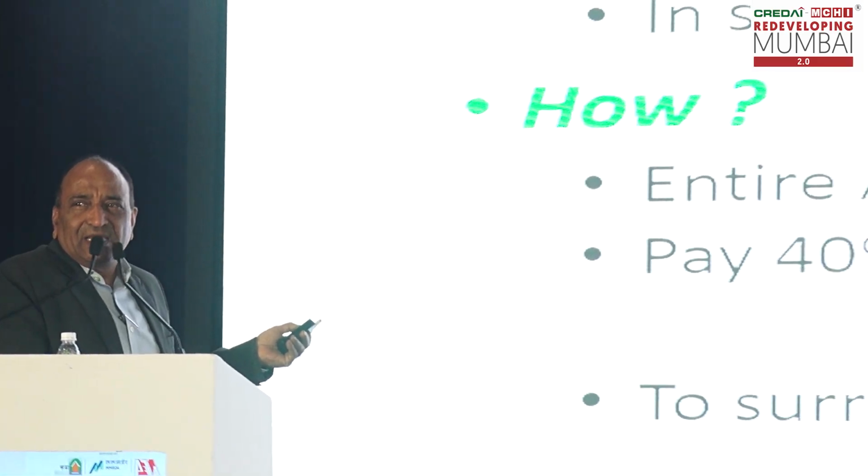So that option is also available. By these two options, the developer can choose to give the PAP tenements not in the building for which the redevelopment is taking place, but at a different location. Now, this is what I told regarding the clubbing, where it can be given. These are the technical things.